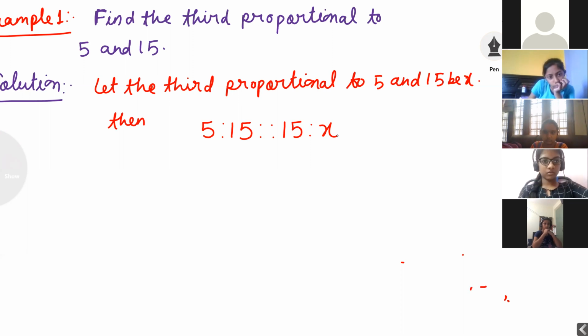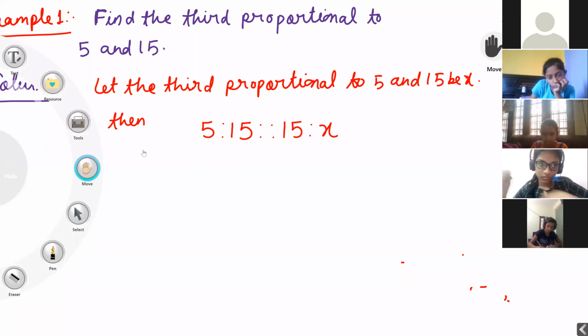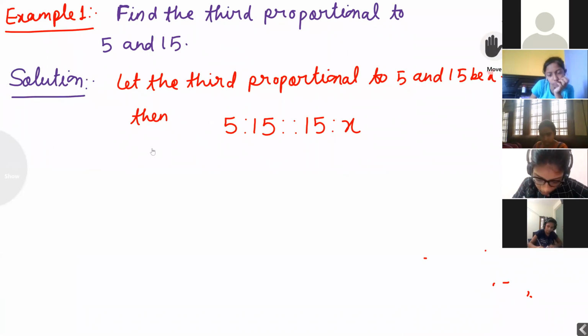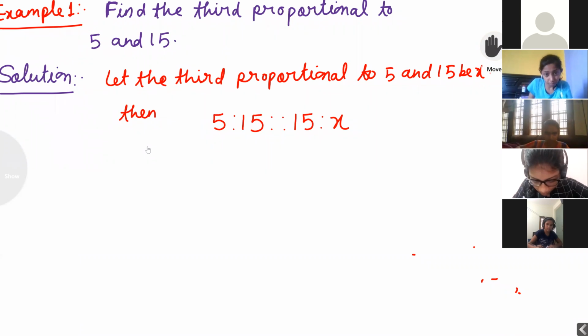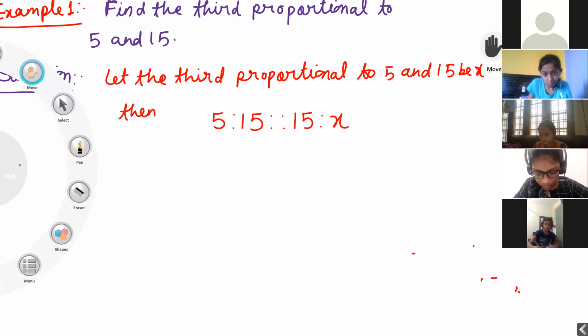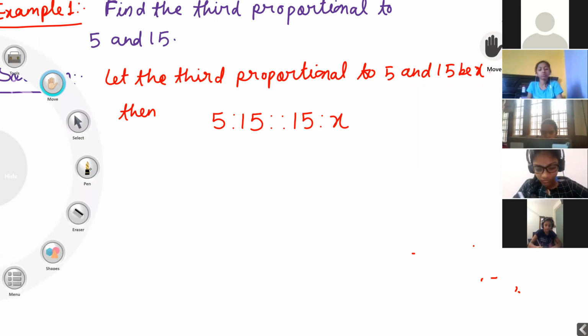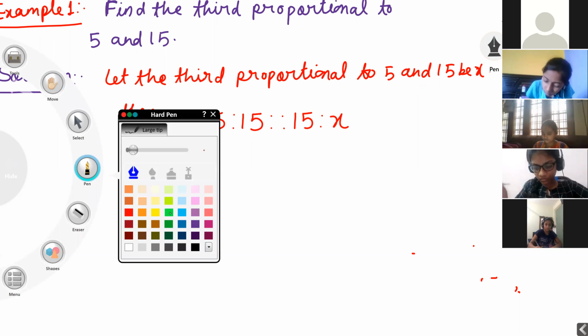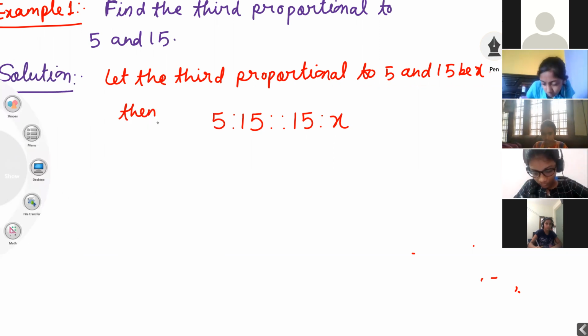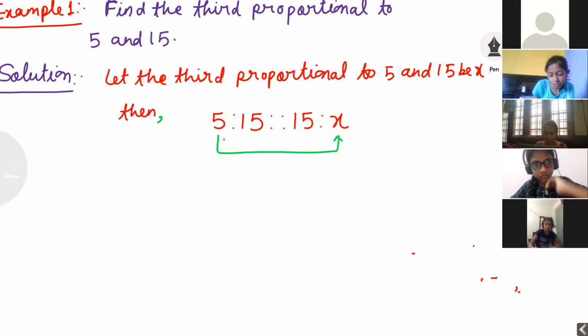Start writing, everyone. This was only the concept. Extreme is the first and last term. Mean is the middle term.